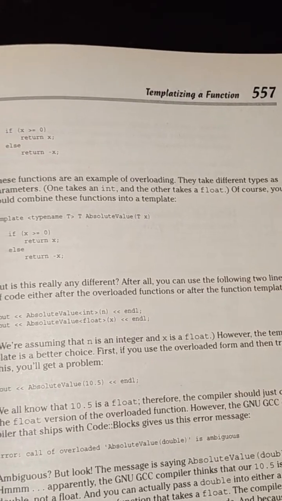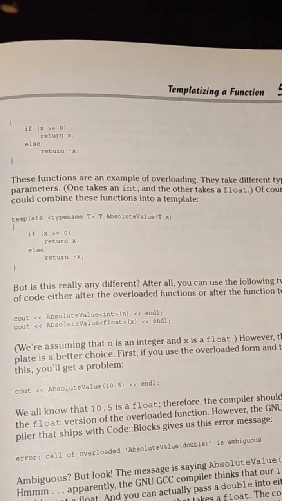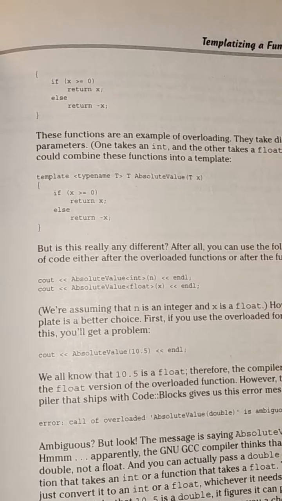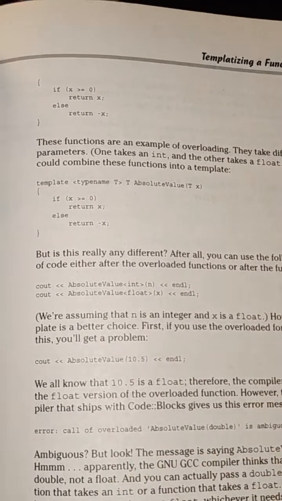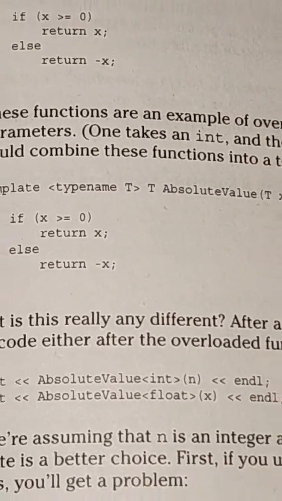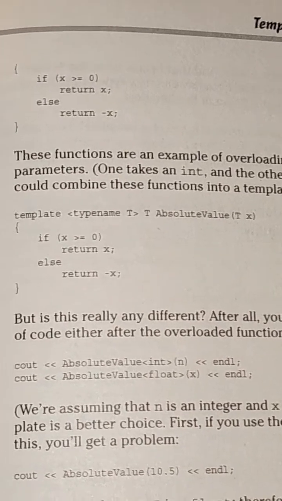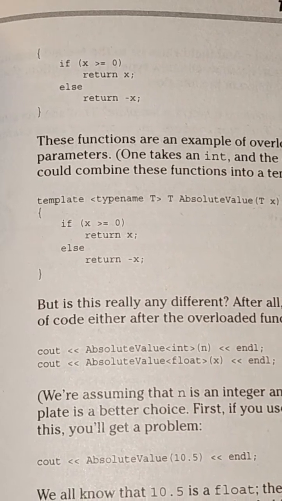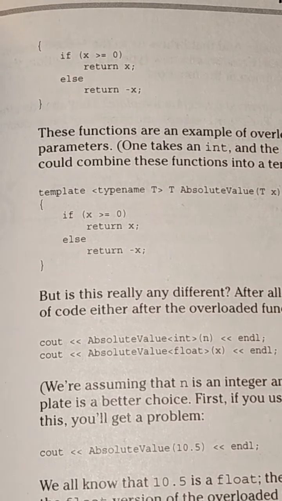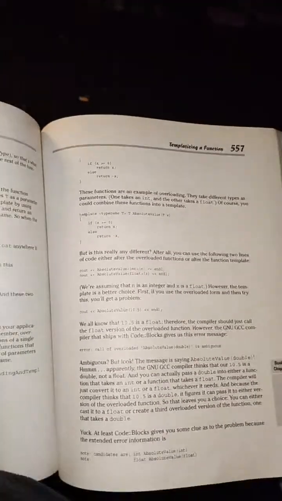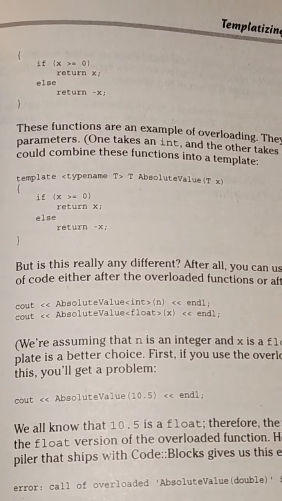Of course, you could combine these functions into a template. template typename T, absolute value, T x: if x is greater than or equal to 0, return x, else return negative x. But is this really any different?